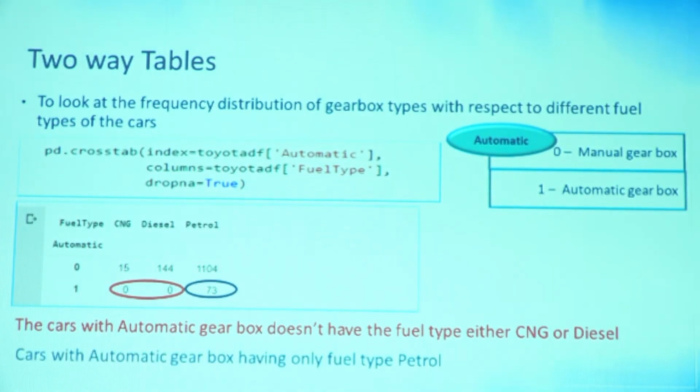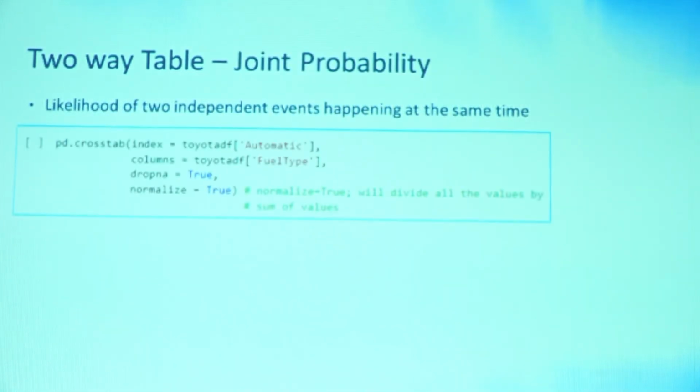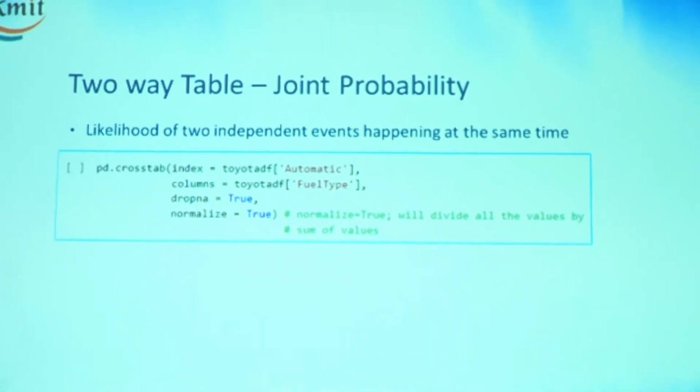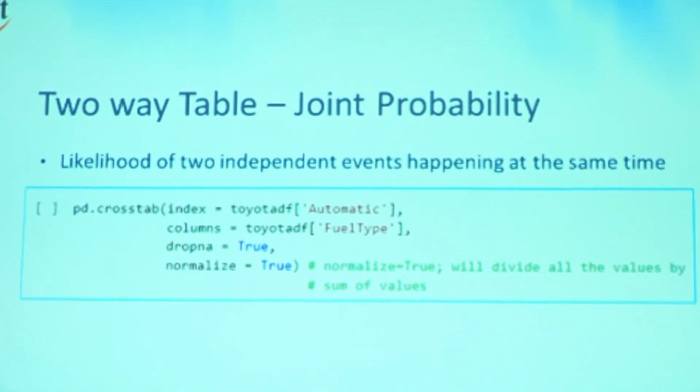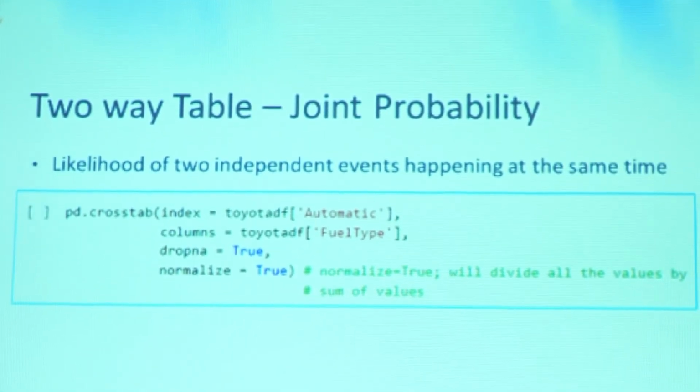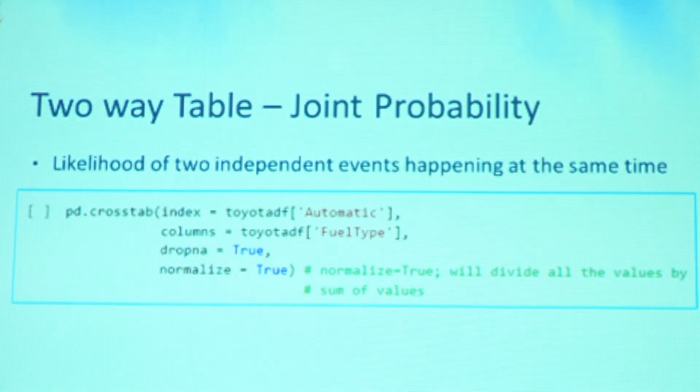Next, guys, for the next one, joint probability. You all know what joint probability is. Joint probability is when two events can happen at the same time. So with respect to the data set, you can ask me any question. What is the probability that the car can be a diesel type with an automatic gearbox?